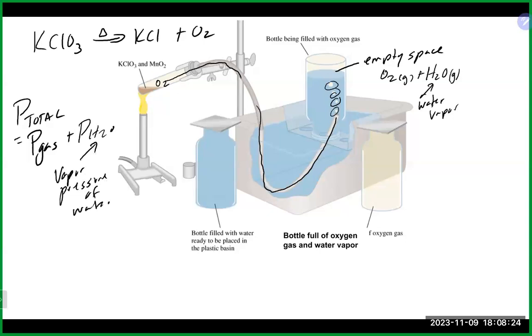That is usually a table value. You look that up in a table based on temperature, and it will give you the vapor pressure of water. So usually we will rearrange that equation and solve for the partial pressure of the gas we're interested in, and that would be our total pressure minus the vapor pressure of water.